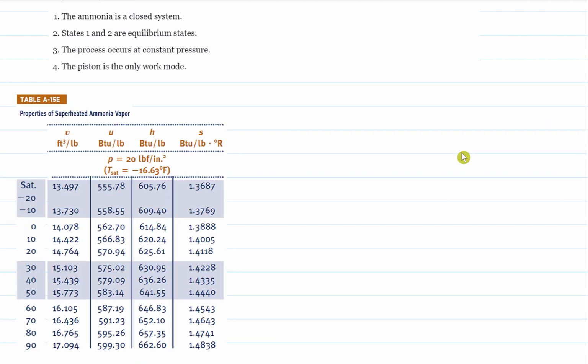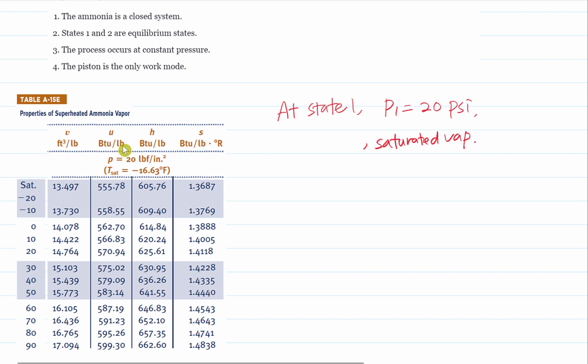Let's write out what is known. At state 1, pressure is 20 psi, and it's at the saturated vapor state. So we may use this table to find the other properties.